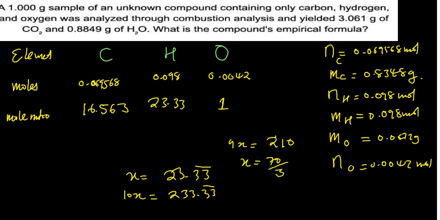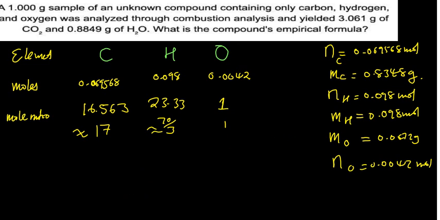Though these atoms are so big like this, so this one can just be rounded off. That is going to be 17. And then this is going to be 70 over 3. This is going to be 1.